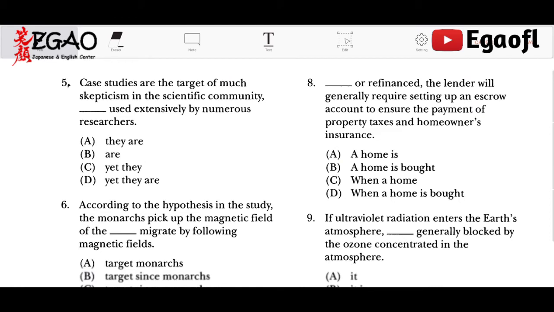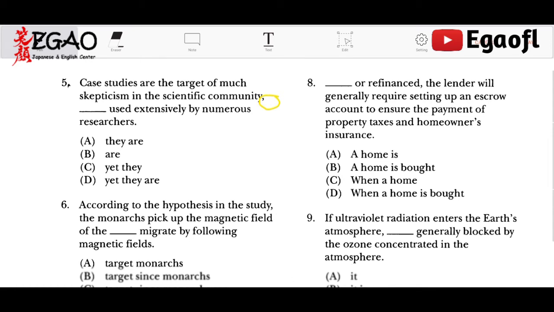Okay, now let's try to discuss number 5. Case studies are the target of much skepticism in the scientific community, space, used extensively by numerous researchers. There is a comma in the middle of the sentence.